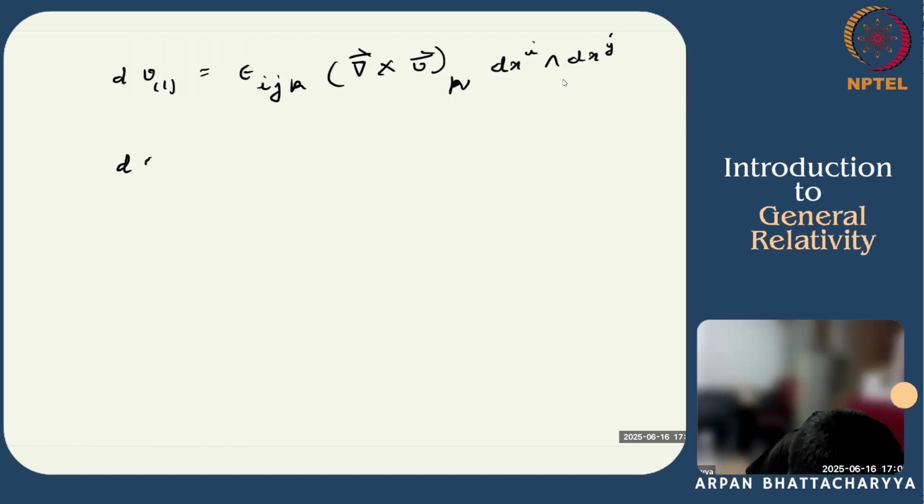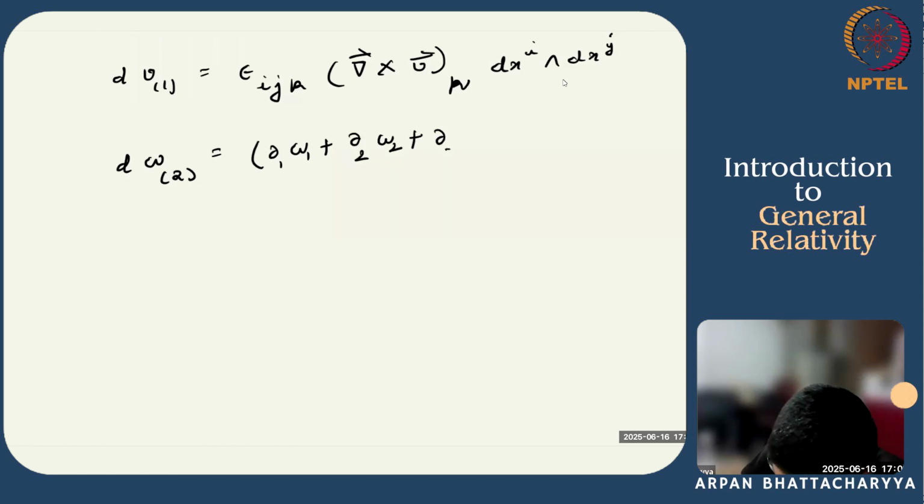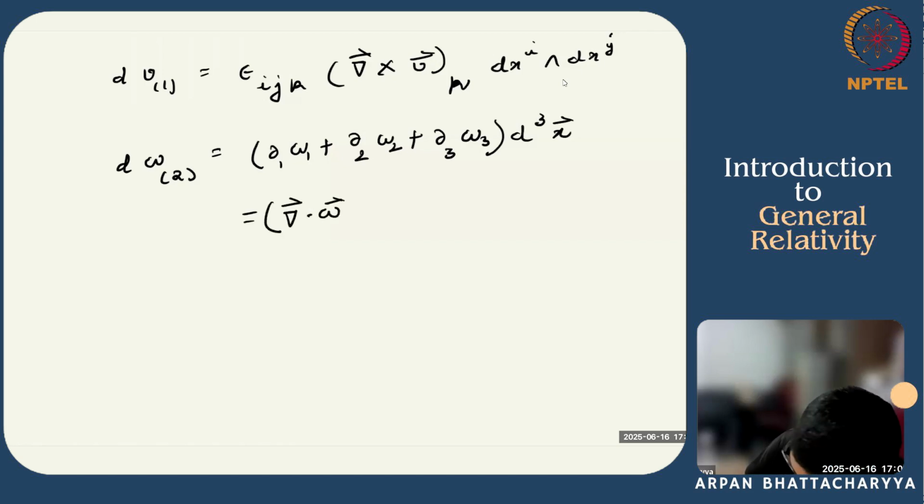Now, if we take the exterior derivative of a 2 form, that should give a 3 form, and this is nothing but del dot omega. It's giving you a divergence, right?